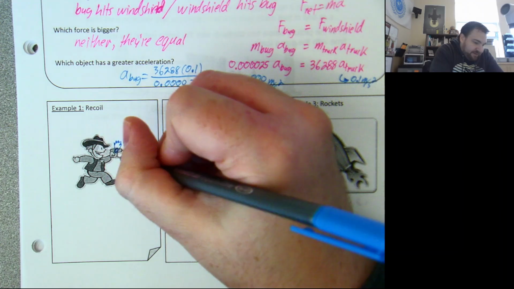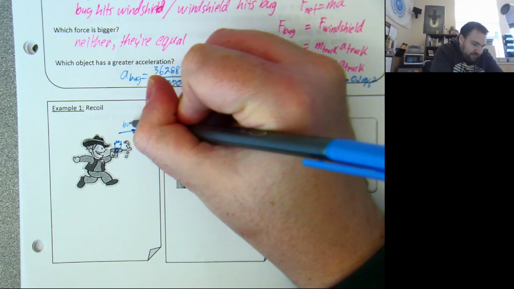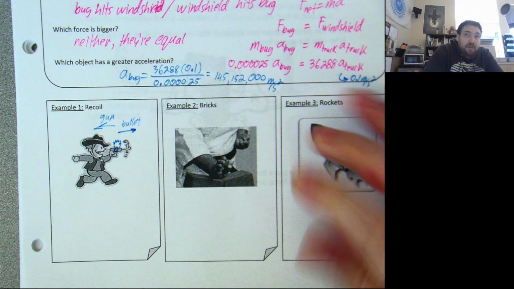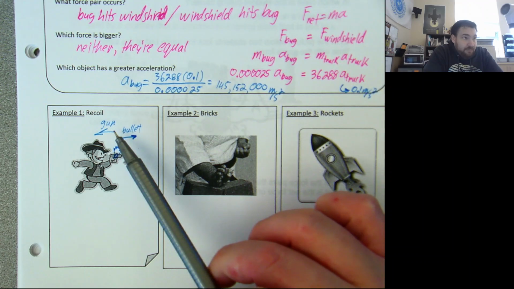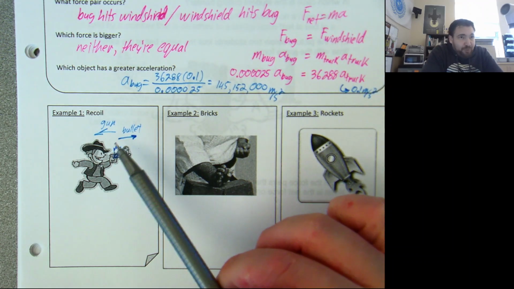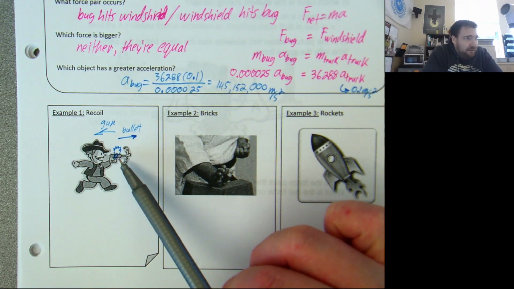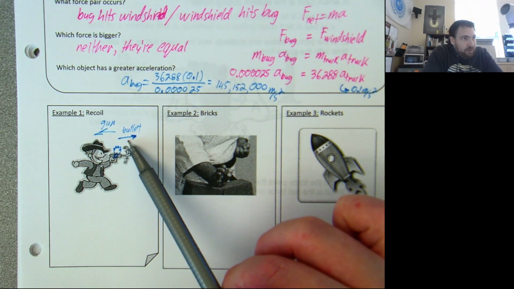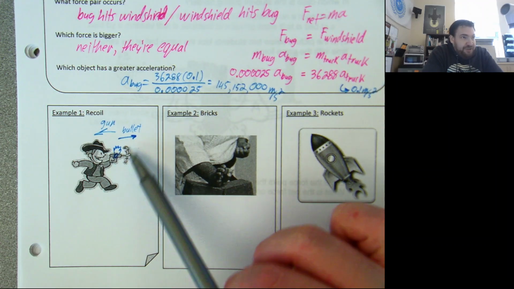You get a force on the bullet, and you get a force on the gun. Now, these are equal and opposite. The reason you don't die when you pull the trigger on a gun is because of the mass of the gun. Even though these two forces are equal, you don't experience the same kind of acceleration the bullet does.